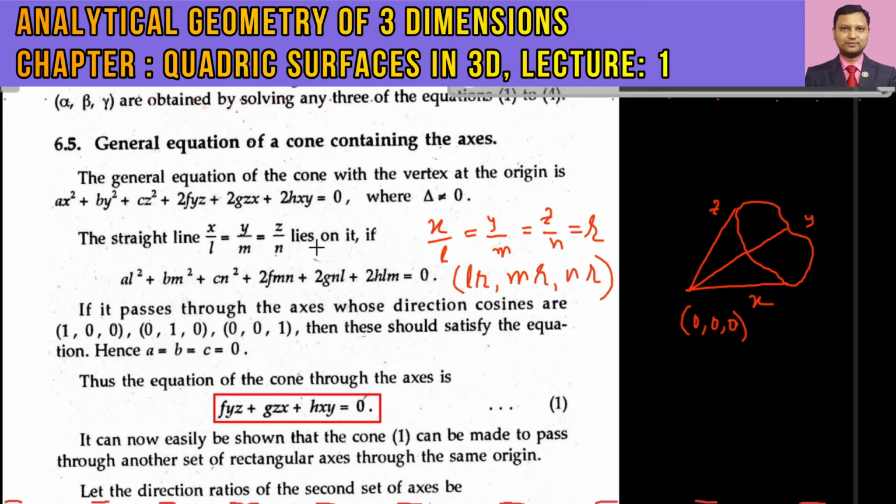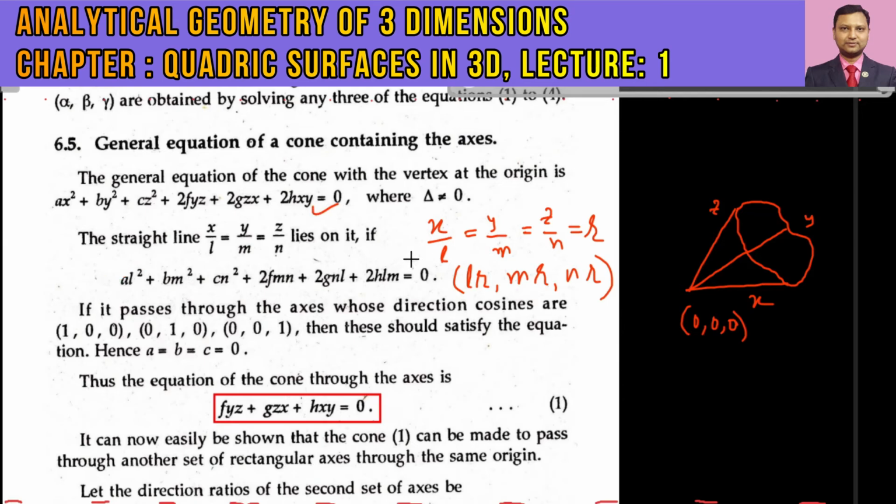These are the points lying on this kind of straight line. And if it is a generator, then all such points should also lie on this cone. Therefore, if we put x equal to lr, y equal to mr, and z equal to nr in this equation of the cone, we will get this type of relation.